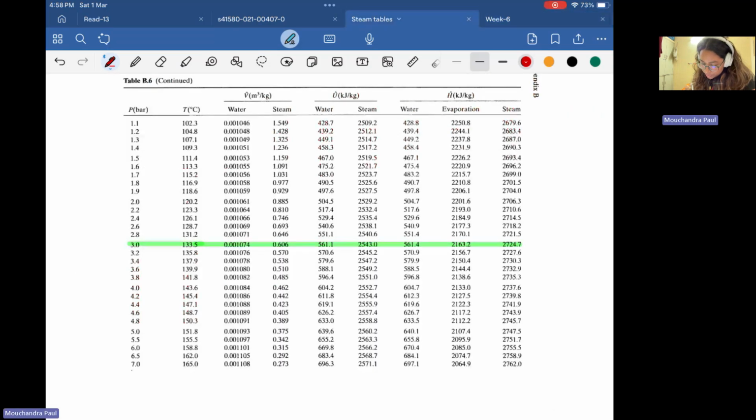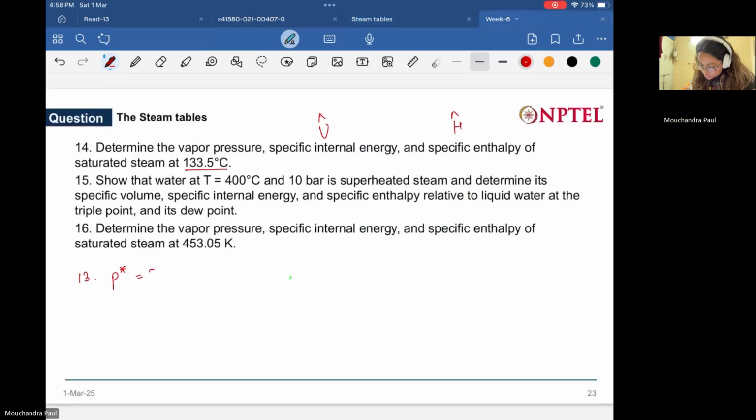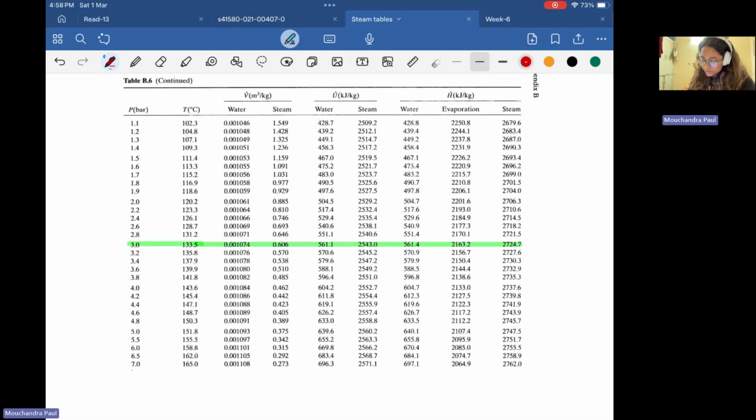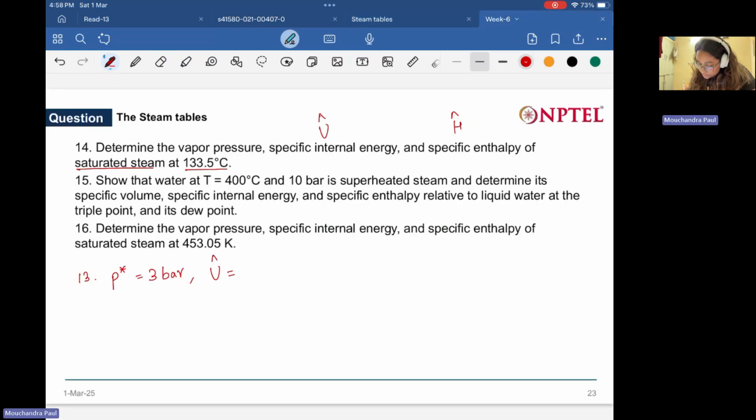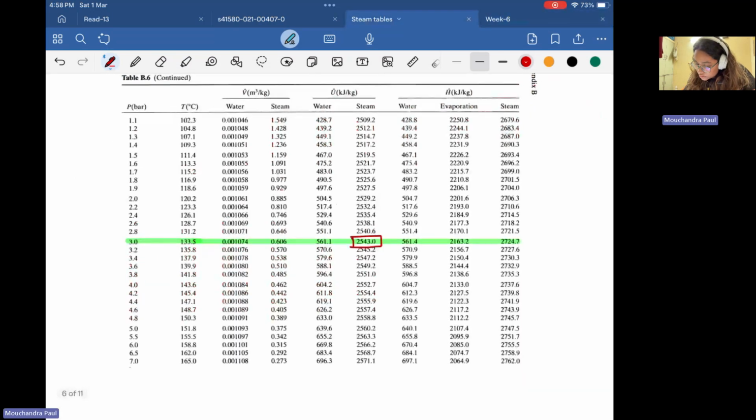So vapor pressure will be 3 bar. The specific internal energy, U hat, of saturated steam. So if you see, there is water as well as steam, so we have to take this value. It is 2543 kilojoule per kg. You can see units are mentioned here.